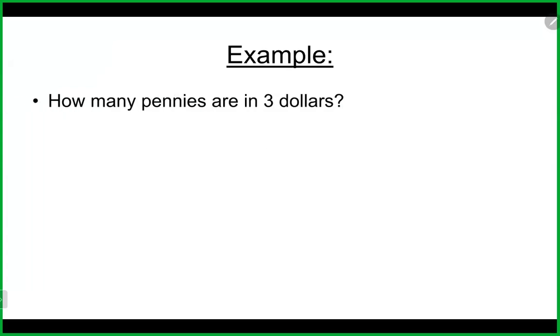So again, just take a look at a pretty straightforward one like we did earlier. How many pennies are in $3? So obviously we want to think about equalities. We want to go from dollars to pennies. And obviously here, that's going to give us our $1 is 100 pennies conversion.